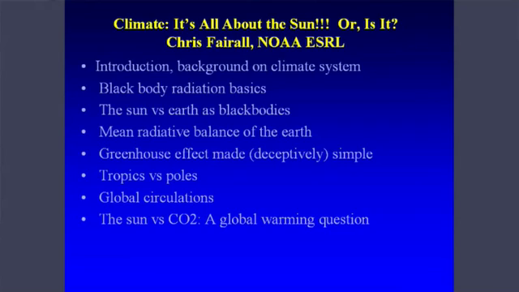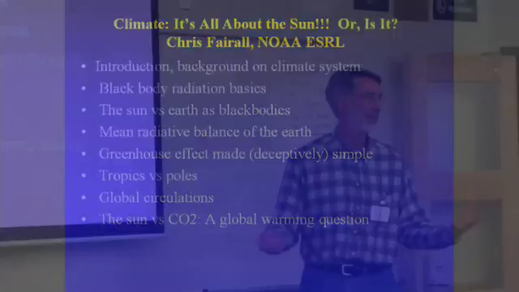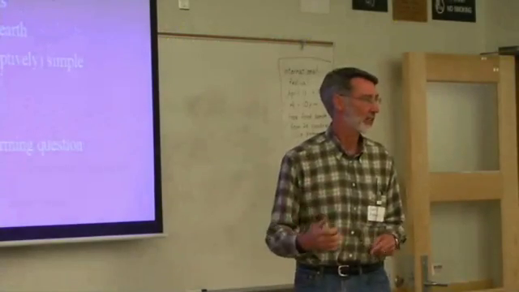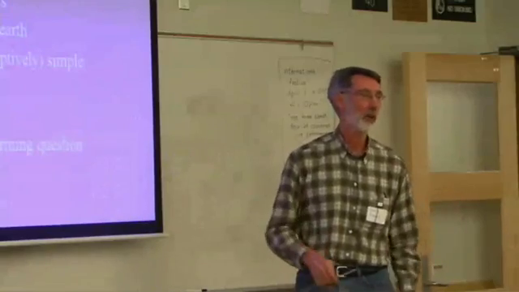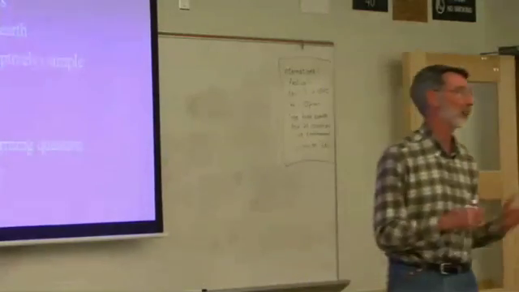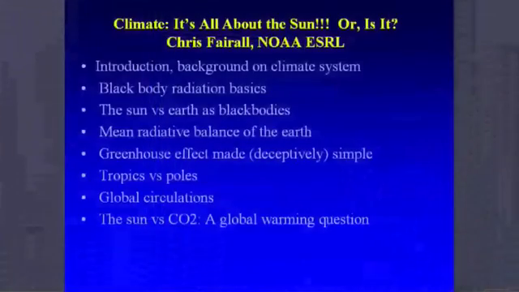then I'm going to go into the greenhouse effect, which I say I'm going to make simple, but it's about 30 slides, so you can get an idea of how simple it is. And I want to concentrate on that because it's really the hardest thing to understand, to visualize, and to figure out what it is. It's so confusing. You can read books or go on the web, and most of the people who write about it are confused about it too.